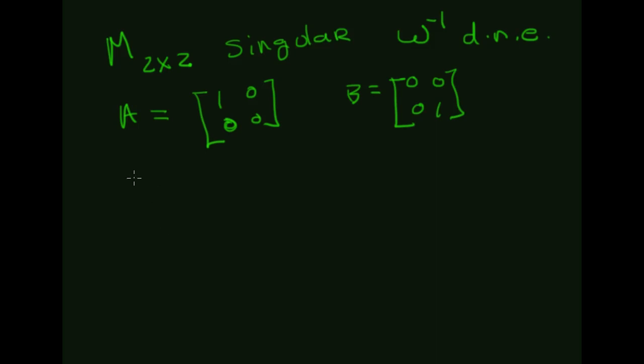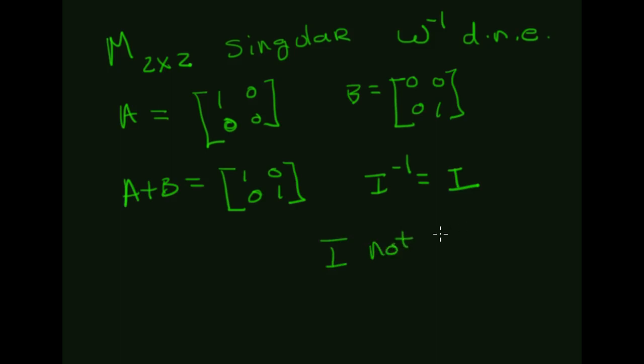Well, what happens? If I take A plus B, I get the identity. And if you take the inverse of the identity, you get the identity. Identity is not singular. So this means that the set of singular matrices is not closed under addition.